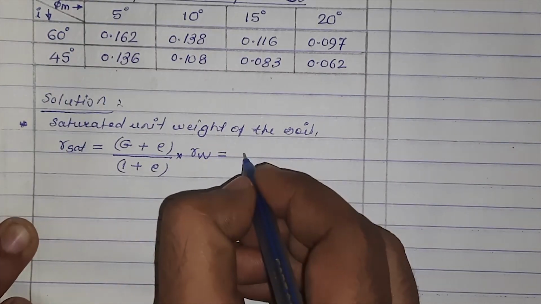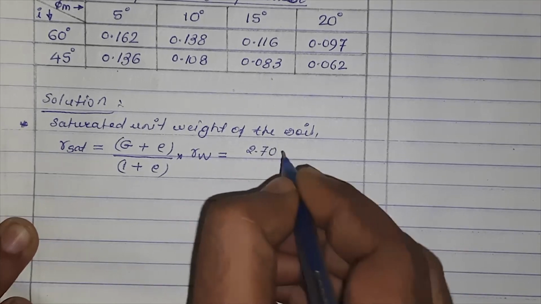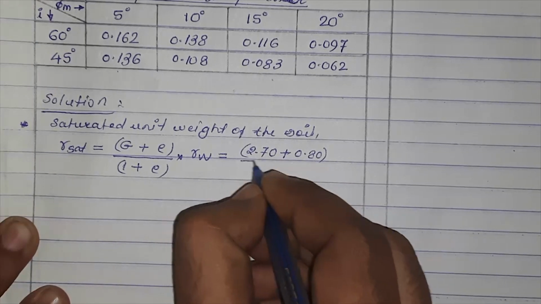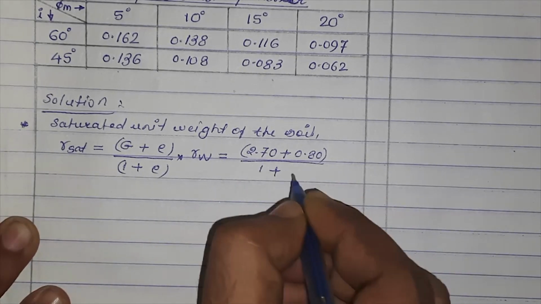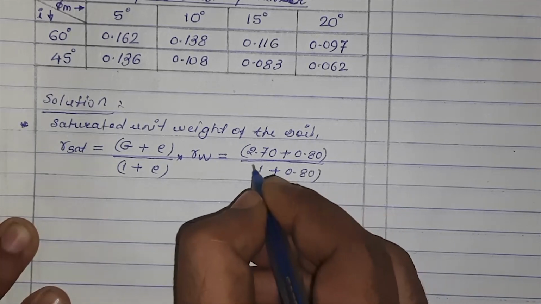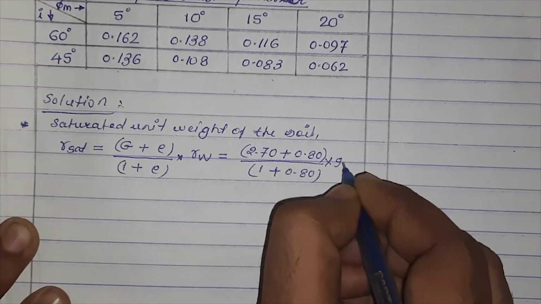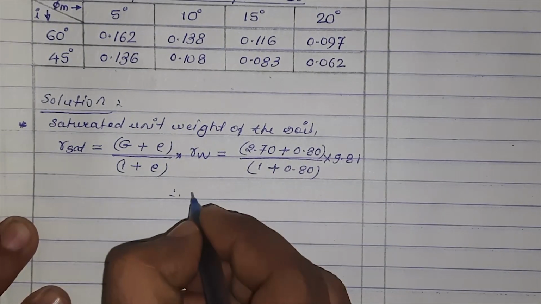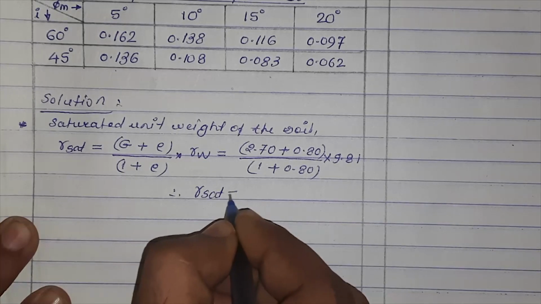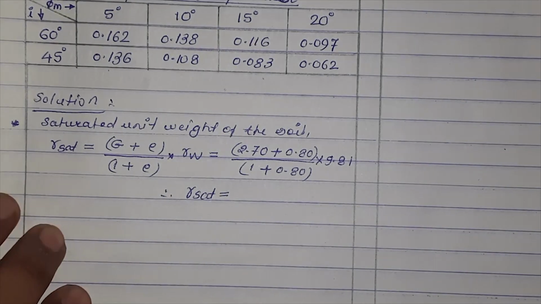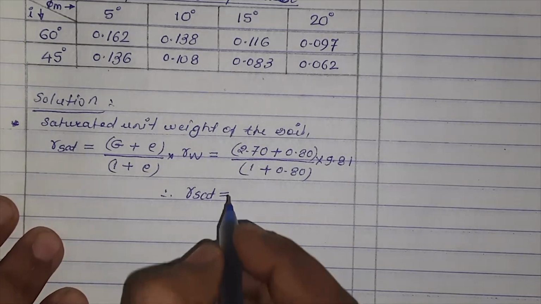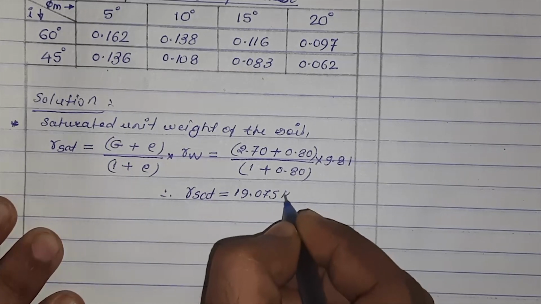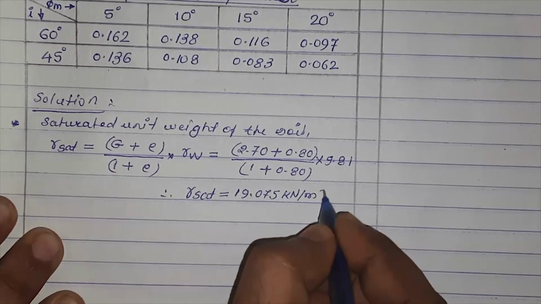Therefore, G is 2.70, void ratio is 0.80, divided by 1 plus 0.80, multiplied by 9.81, that is the unit weight of water. Solving this, we get gamma saturated. It comes out to be 19.075 kilonewton per meter cube.